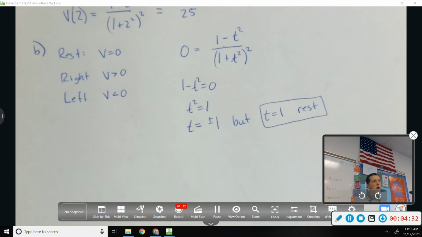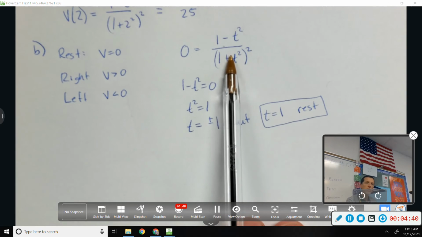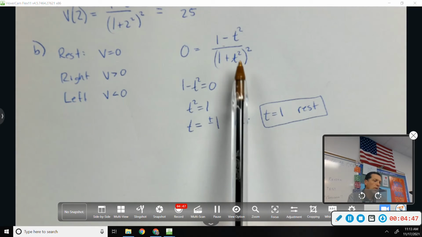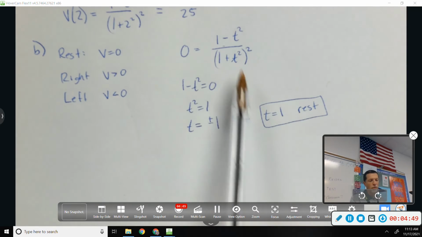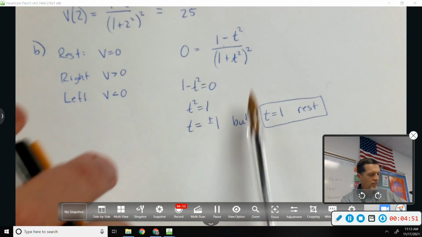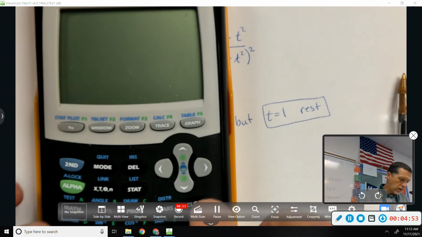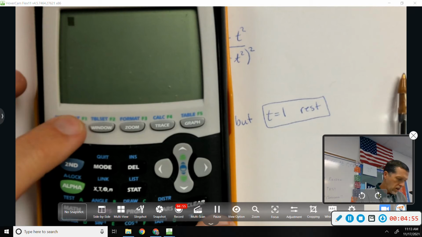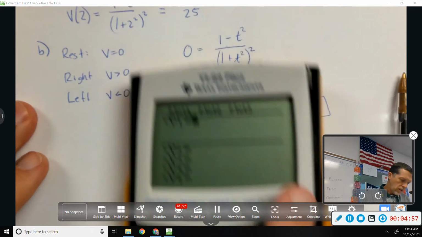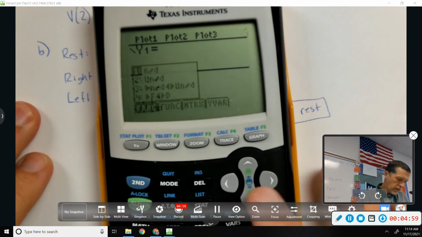Now we can take some volunteers. We can do one of two things. We can do the number line with volunteers, or we could put this in the calculator and just look and see where it's positive and negative. I like the calculator idea. Plus, the calculator idea will hopefully confirm that the velocity is 0 when t is 1. Let's see.